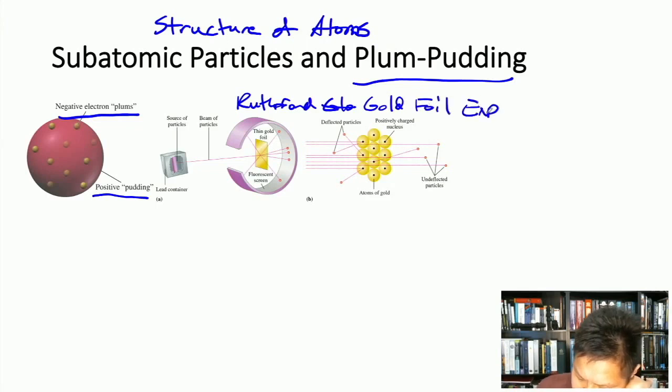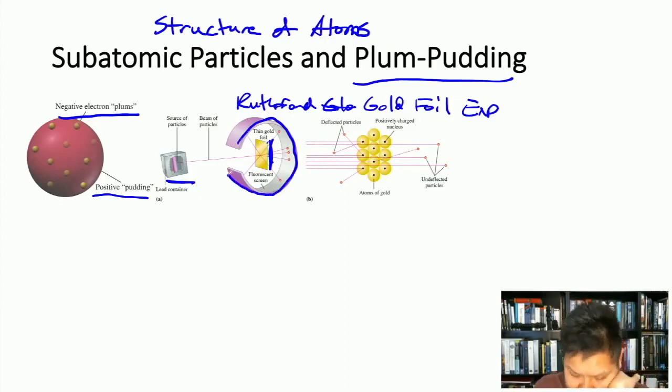Right, and in this experiment, he had positive particles right here, and he shot these positive particles at a piece of gold foil, which is there. Around that piece of gold foil was a fluorescent screen that was able to detect things that were happening around the gold foil.